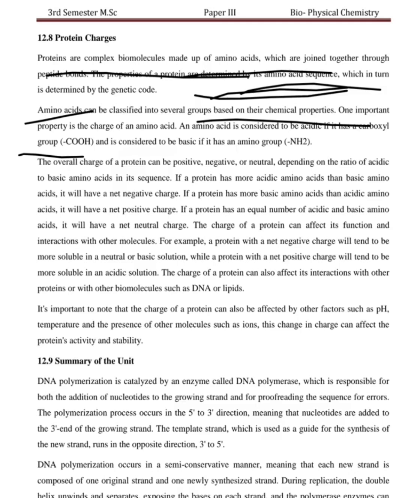In this method, we are going to identify the charge on proteins depending on the groups present inside the amino acids. A carboxyl group makes it more acidic, and an amino group, NH2, makes it more basic.